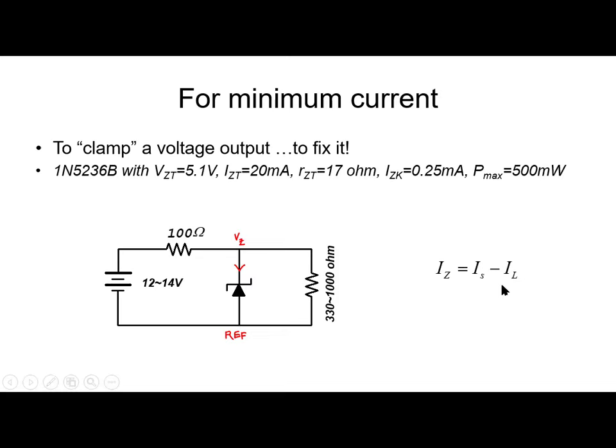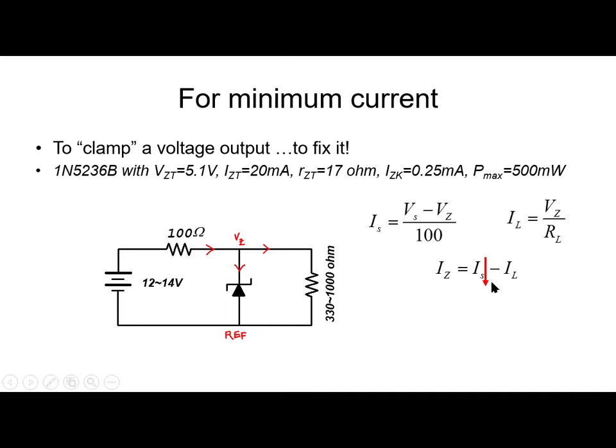The current in the source is given by Ohm's law: V source minus Vz over 100 ohms. And the current in the load, also given by Ohm's law, is Vz over RL.